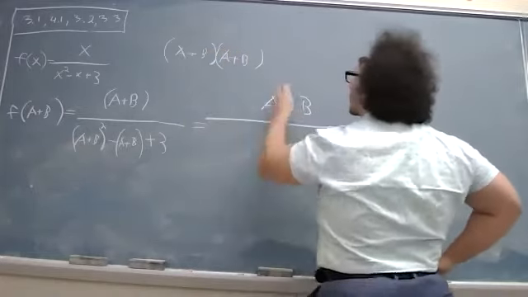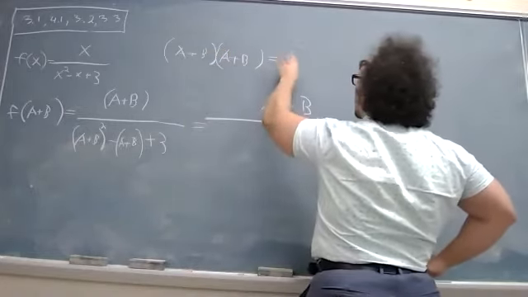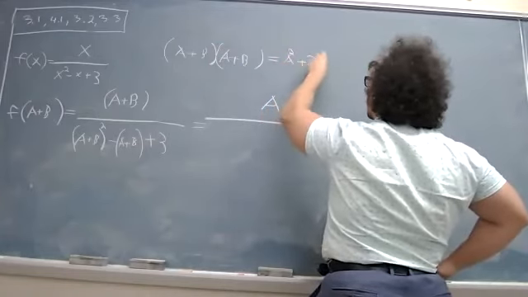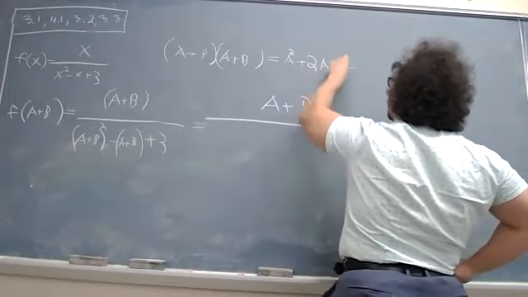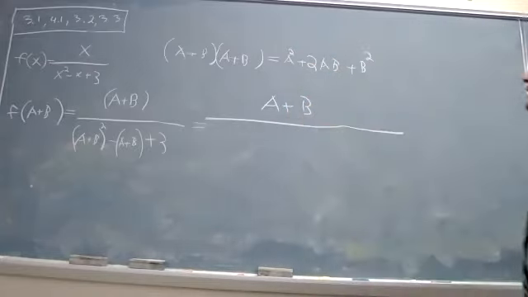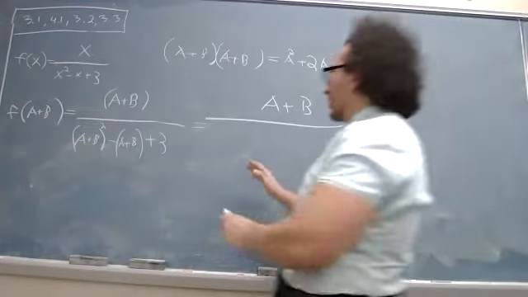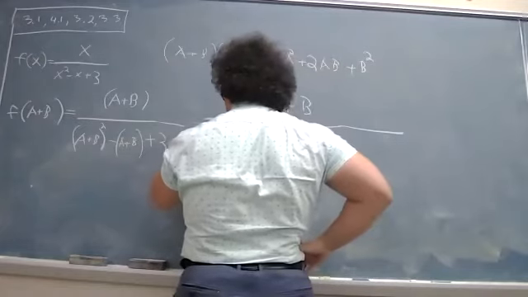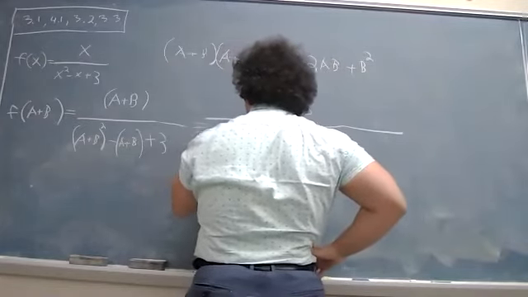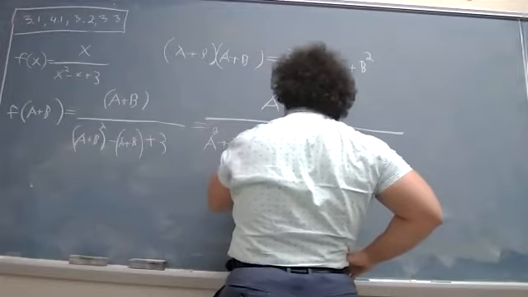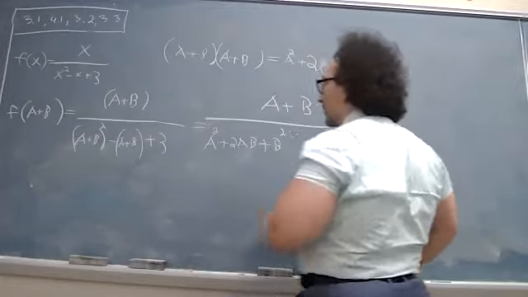Notice that that equals a squared plus 2ab plus b squared. So that is what's going to go here: a squared plus 2ab plus b squared.